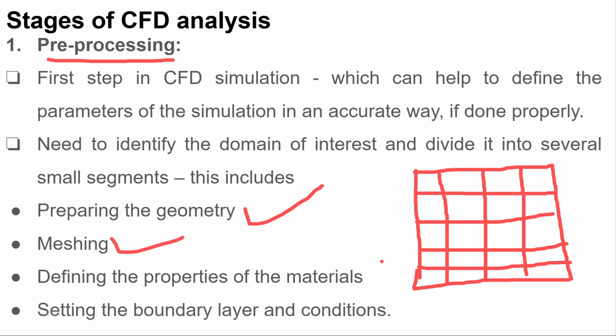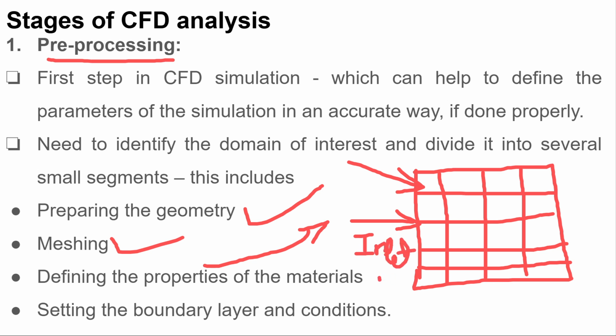Then after meshing, we need to know what type of material it is, whether it is structural steel, mild steel, or copper. Those material properties also need to be imposed onto our geometry. That is assigning material properties. Later we need to apply the boundary conditions. That means we need to supply inlet conditions for our geometry.